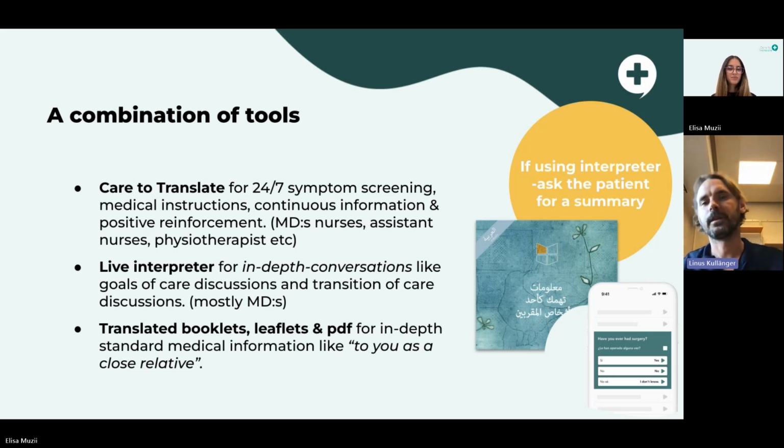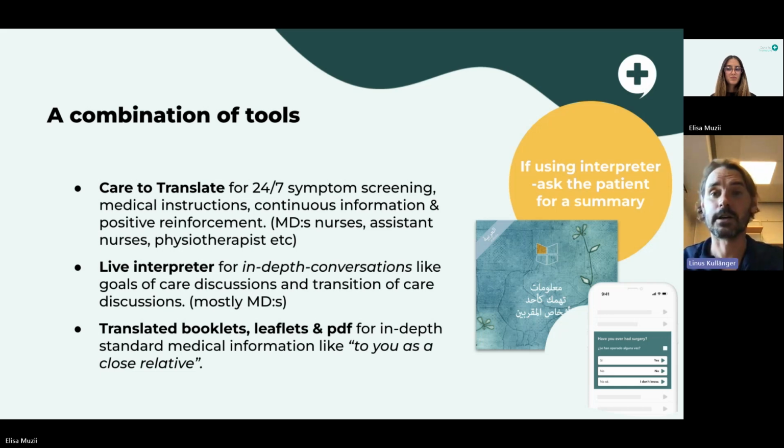If you are in the palliative care unit where we have the patients 24/7, we are able to do all the symptom screenings, which are extremely important. For example, looking for nausea, pain, how is the pain changing, do we have any effects of the pain relief, and so on.